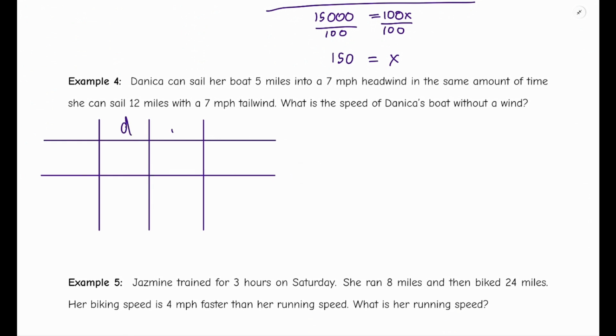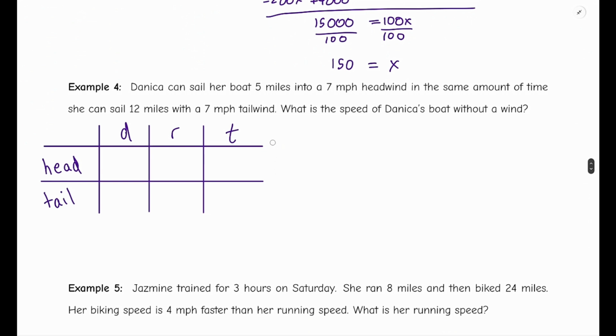So DRT, headwind, tailwind. We have 5 miles in the headwind. That's harming our speed. 12 miles in the tailwind, which is boosting our speed.